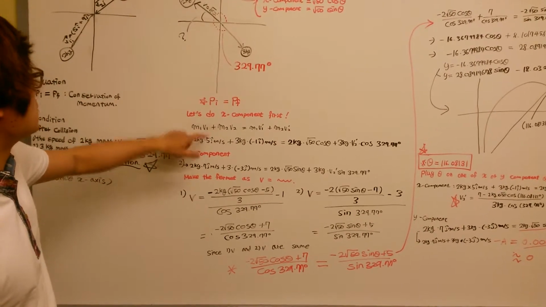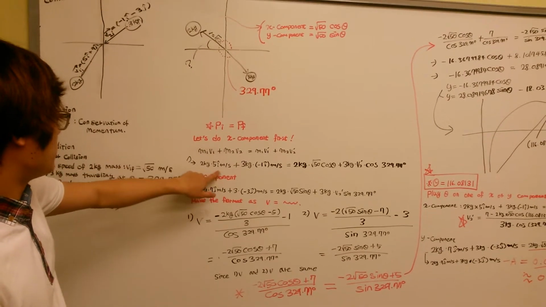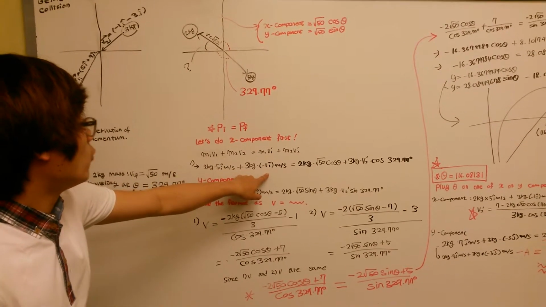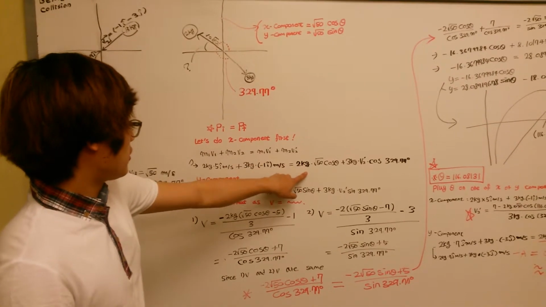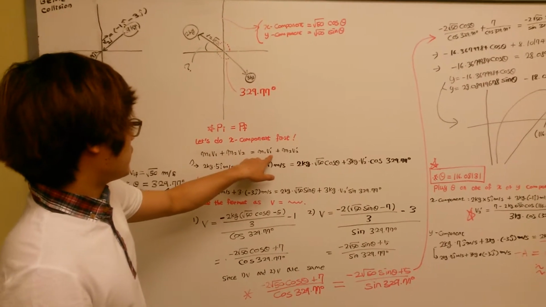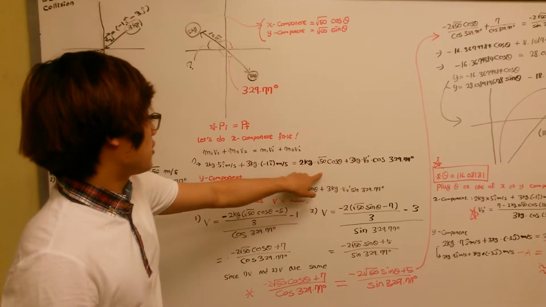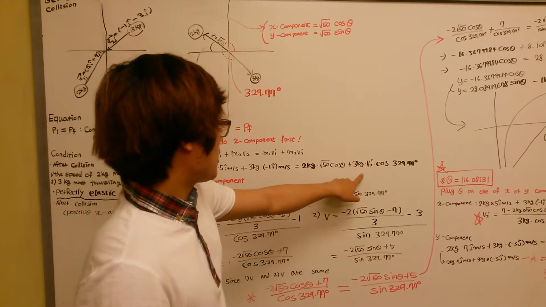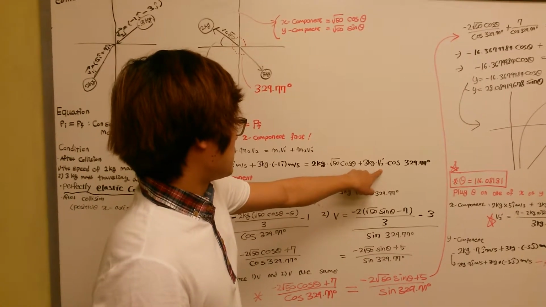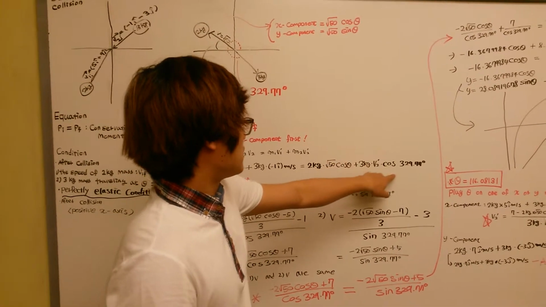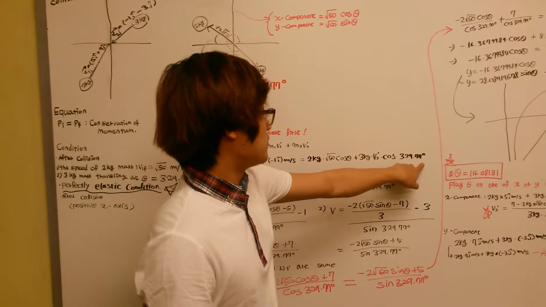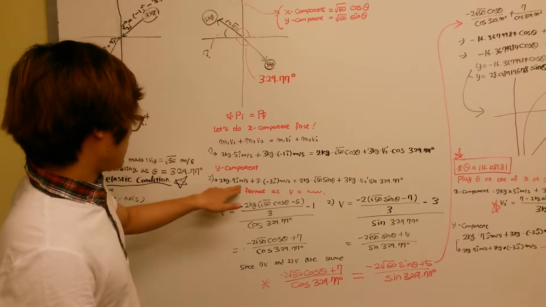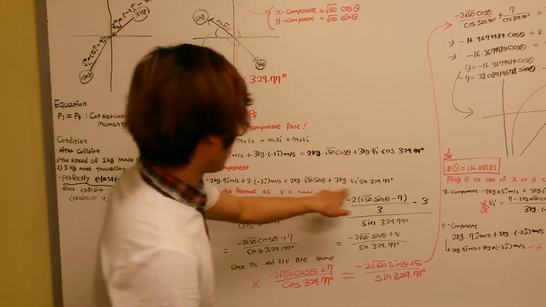So m1 is 2 kilogram, v1 is 5I, m2 is 3 kilogram, v2 is negative 1I, and on the final side m1 is 2 kilogram, and the velocity is square root 50 cosine theta, where we don't know theta, and the 3 kilogram velocity is v cosine 329.77 degrees. The y component is exactly the same, only the velocity of the y differs.